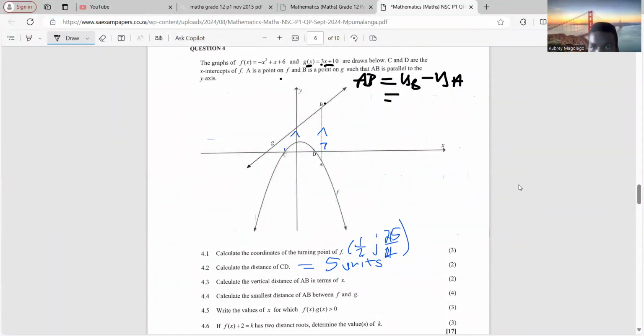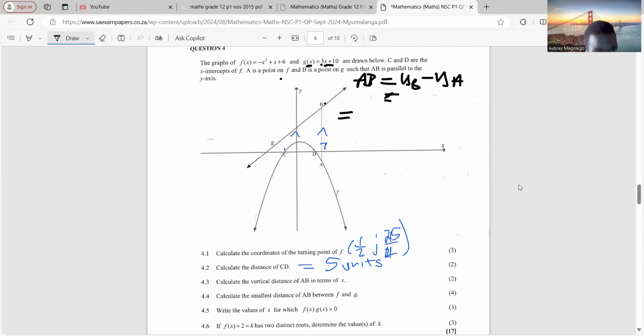That's why they say you must write it in terms of what? In terms of x. Let me write it here. So we are going to check if B lies on g or A lies on f.